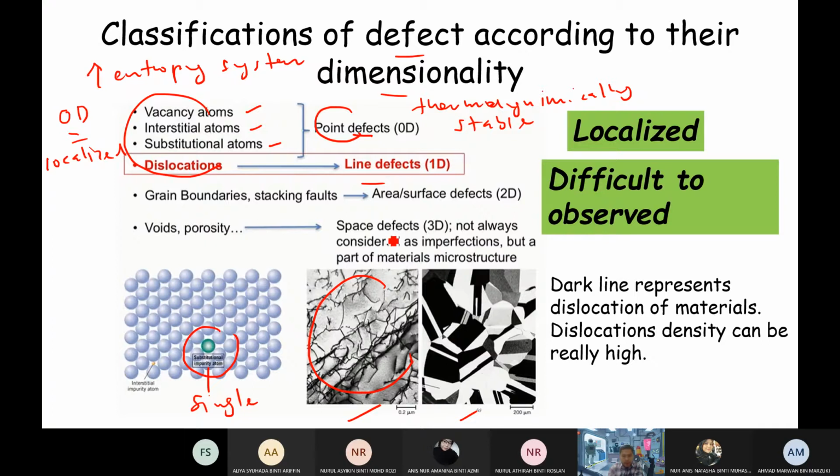Faham eh? So the dark line here represents a dislocation in the material. And how do we know that the density is high? If the line appears to be darker, then we can say that the dislocation density can be really high.